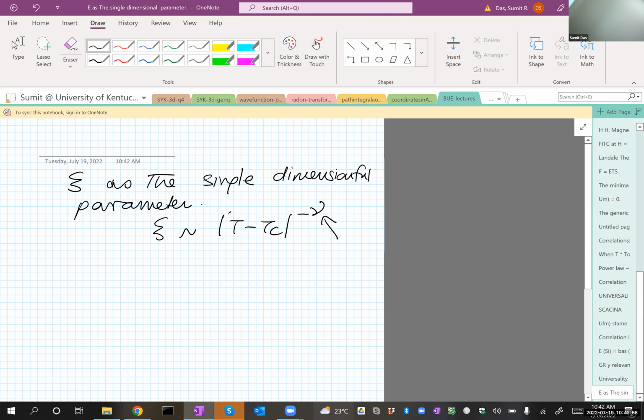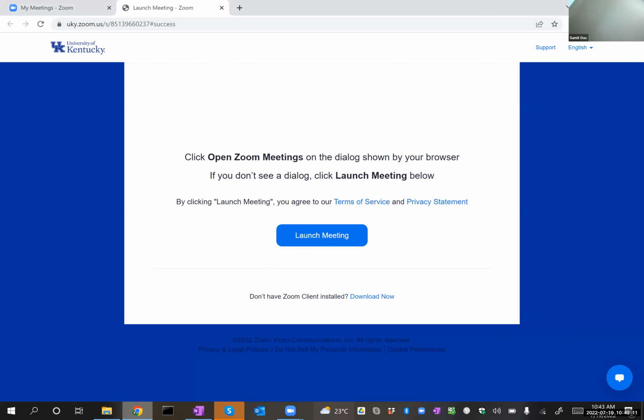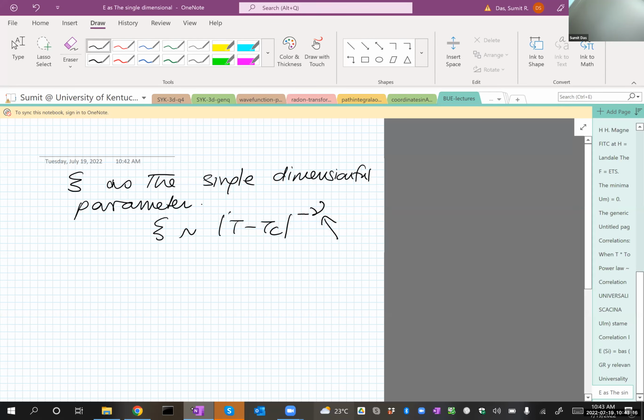This is called a critical exponent. It's called the correlation exponent. It's a number which is positive, so that as T goes to Tc, xi goes to infinity. And some other quantity, for example, the energy.